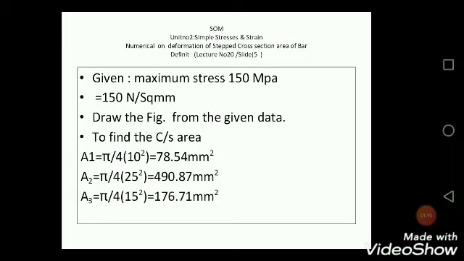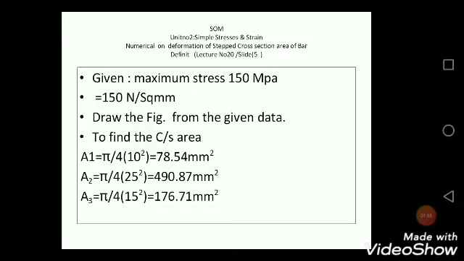Now what has it given? It has given that the maximum stress is 150 MPa, that is 150 Newton per mm square. After drawing the diagram, we have to find the cross section area, pi by 4 d square.